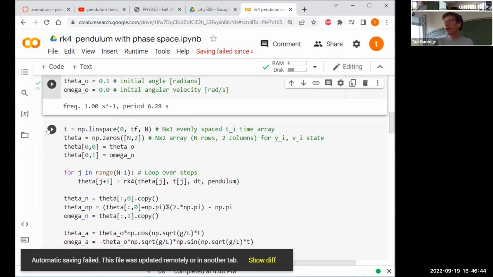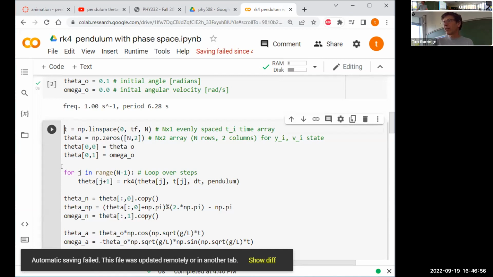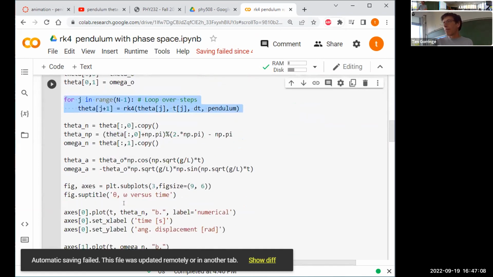Now I'm going to calculate the solution to the second order differential equation, based on the 2 initial conditions. So here's where I solve for the function using the RK4 numerical method.